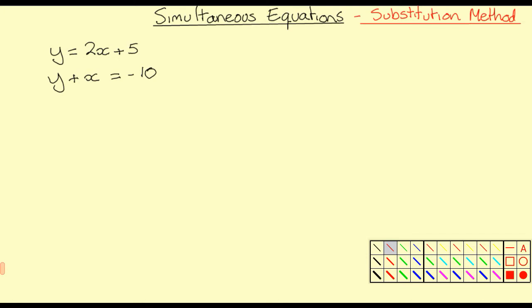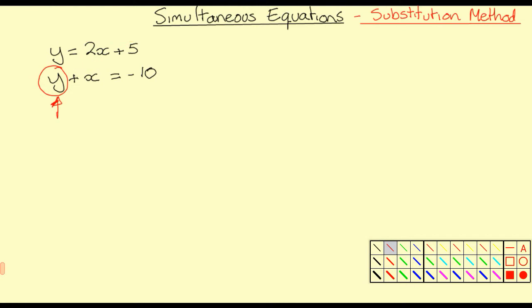So if you look in this first equation here, we're told that y is equal to 2x plus 5. Okay? And what we're going to do is replace this y here with 2x plus 5. That's what we're going to do. Because we've been told in this equation that y is equal to 2x plus 5.